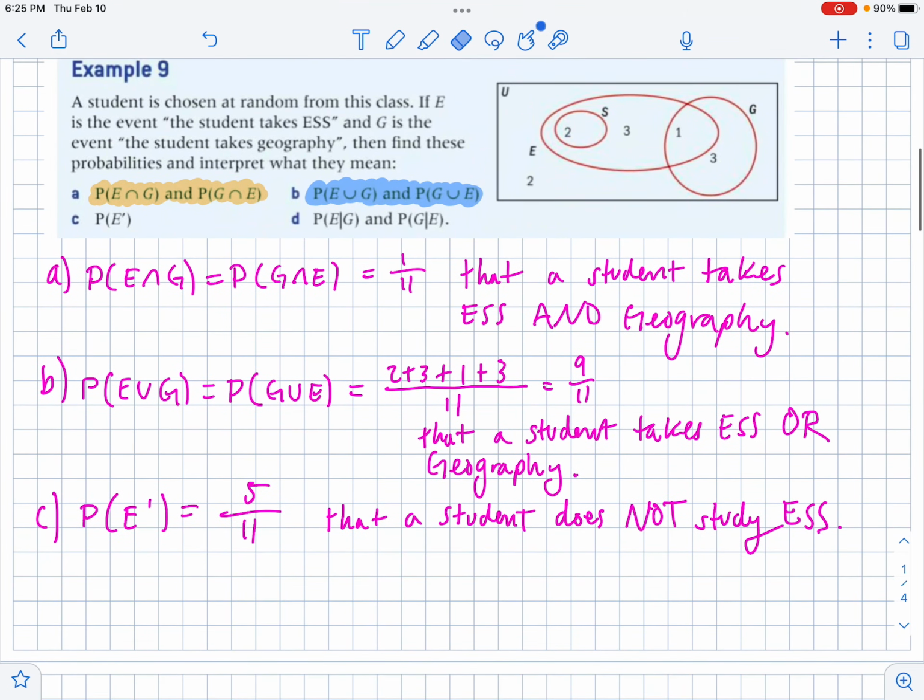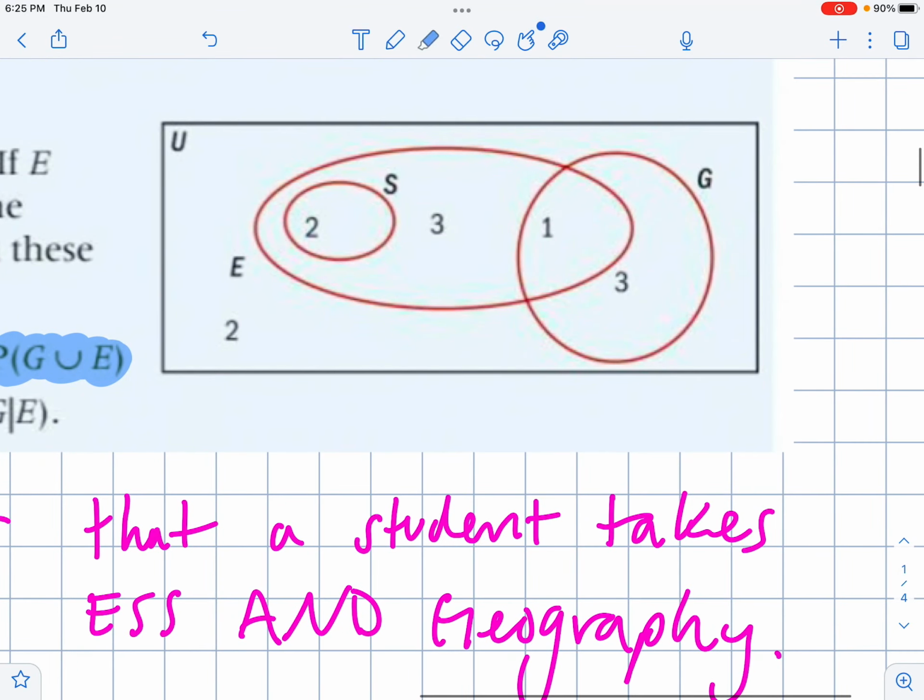Now, the last question, part D, is probability of E given G and then the probability of G given E. These ones are actually not the same thing. So let's think probability of E given that G happened. If you look at G, G is this whole circle right here. And we want to know the probability that E happened, or the probability of E given that G happened.